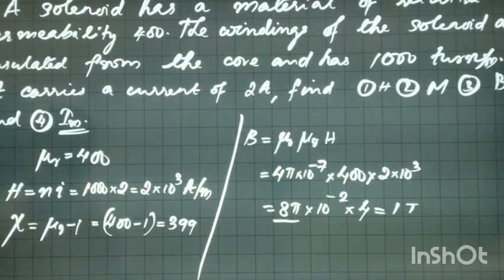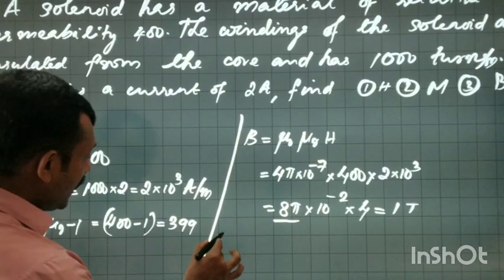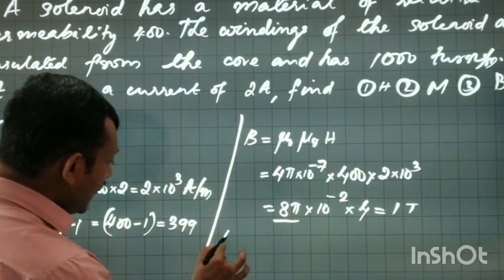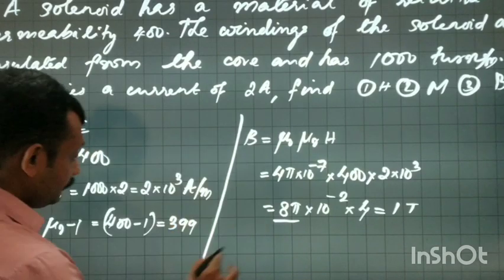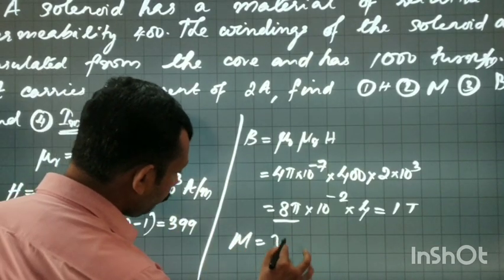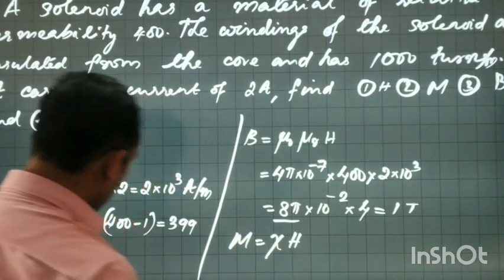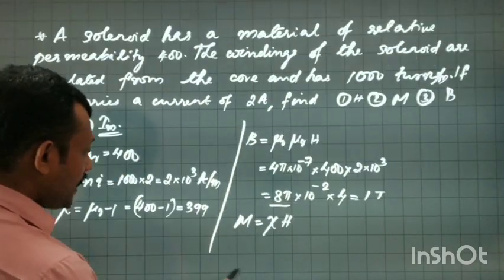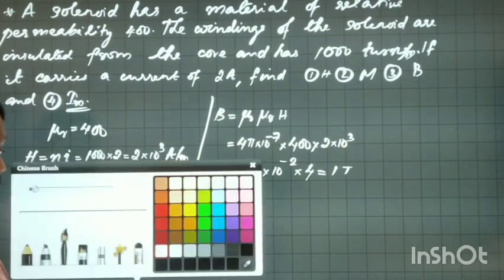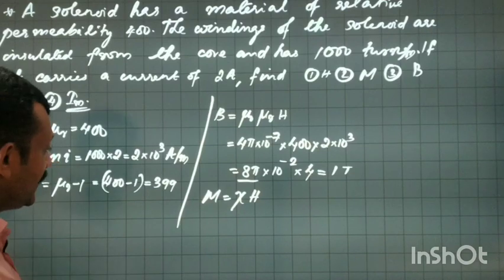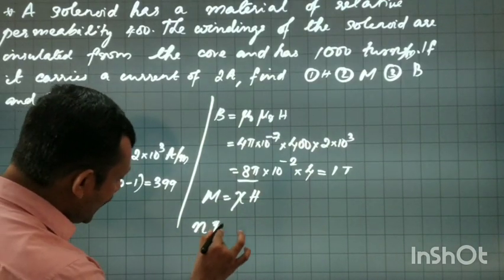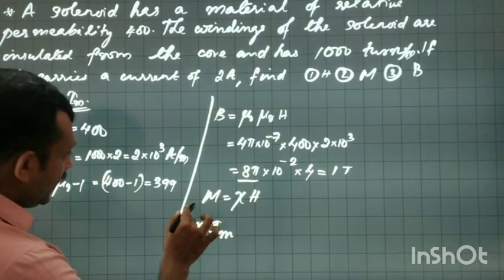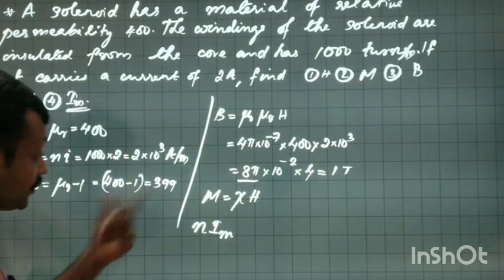The induced current, which is Im. So here I will use the formula M is equal to chi H. So the answer is different, you have to do according to what is given in the NCERT. Here I am going to write this small n into Im. So M and H dimensions are the same.